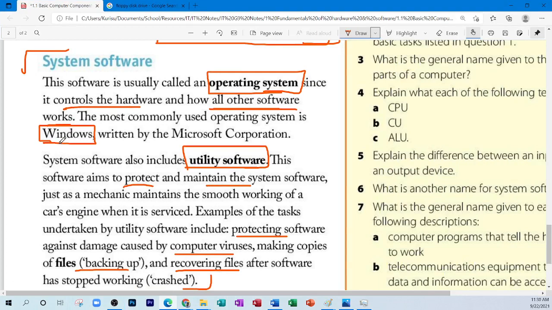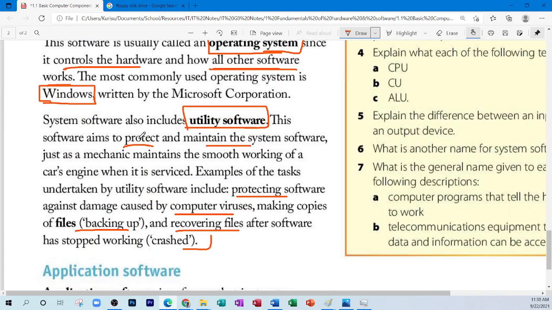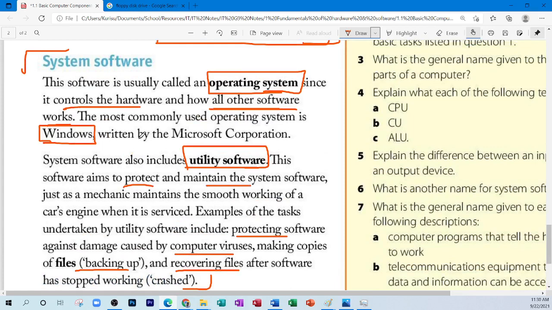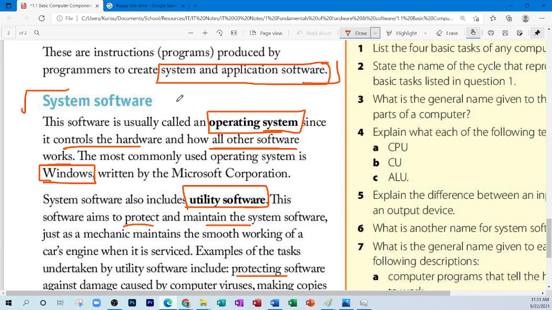I want you guys to take some other examples of operating systems. Anybody know any other examples? Sir, there's also Macintosh and Linux. Good, very good. Macintosh, that is Mac OS.